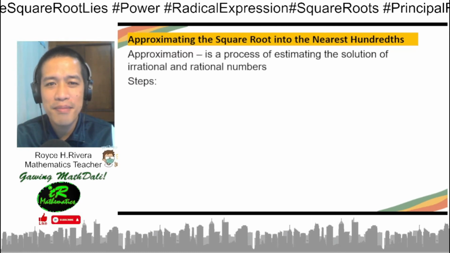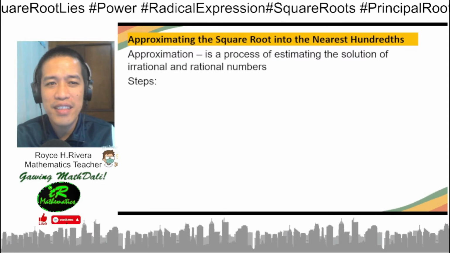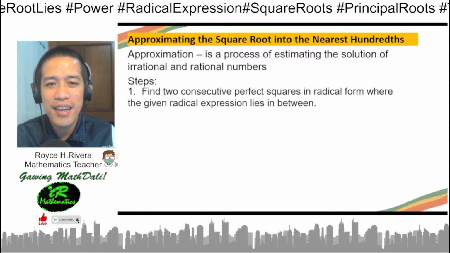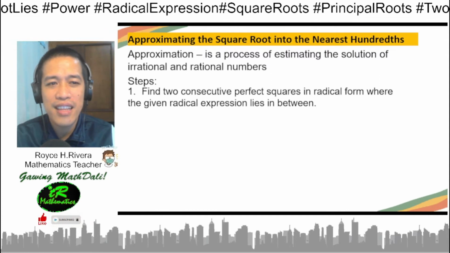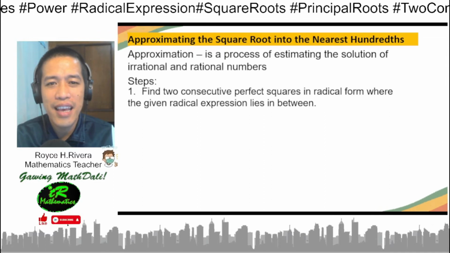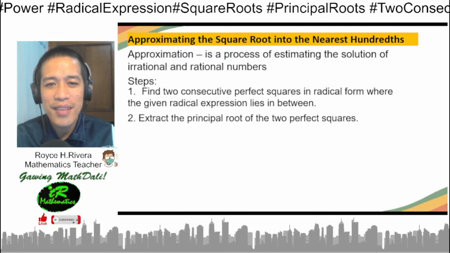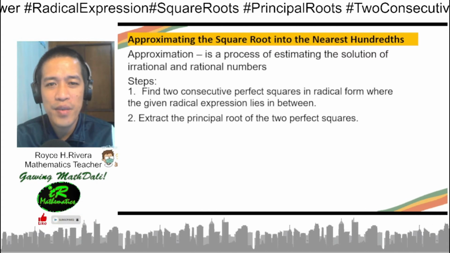Here are the steps in approximating the square root into the nearest hundreds. Number 1, find two consecutive perfect squares in radical form where the given radical expression lies in between. Pangalawa, we need to extract the principal root of the two perfect squares.